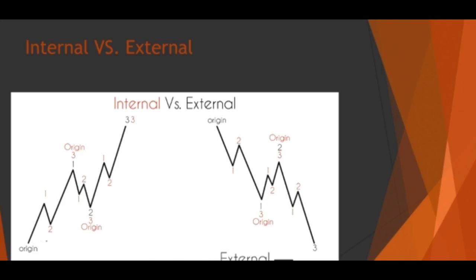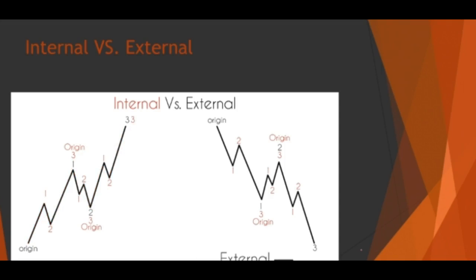And so what you want to get in the habit of doing is making sure that if you're labeling, you know whether it's an internal or an external. An external is basically the underlying point of the market, and internal is inside of that. It's much shorter term, much more intricate.